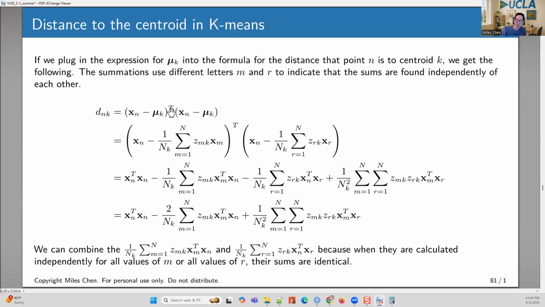The actual location of the centroid is no longer needed, but we are still going to get the distance because we are going to look at every point and compare it to every other point here.